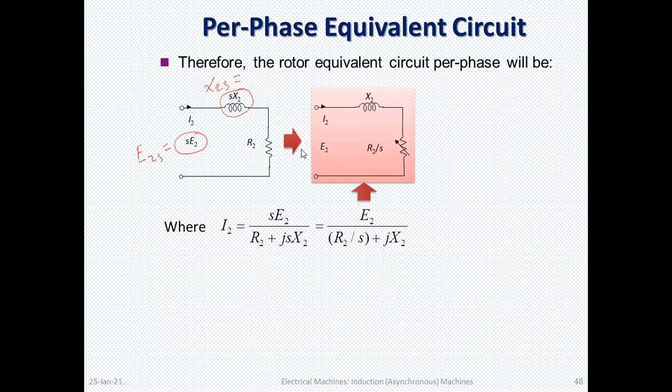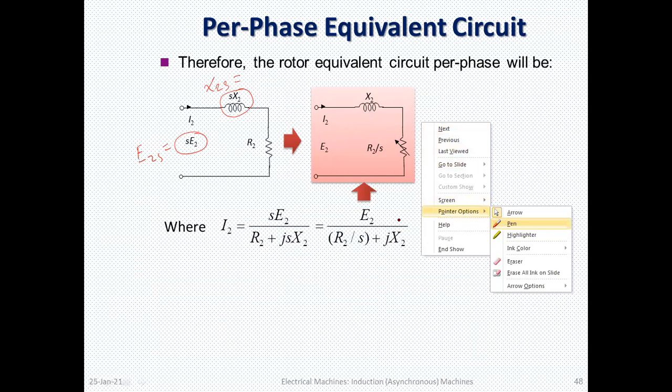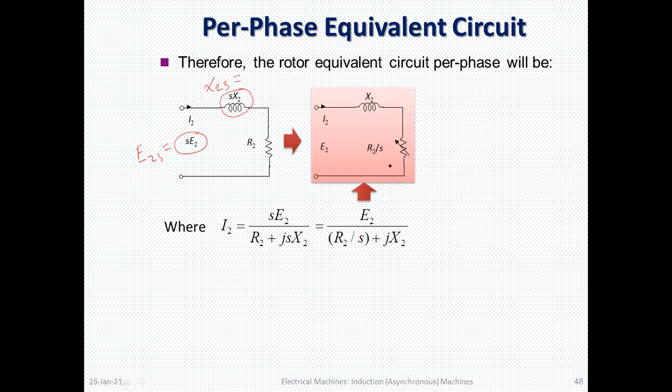It has a logic: this E2 voltage is written here, I2 current is here, and in place of SX2, it is X2. And this value R2 by S now becomes variable. Why does it become variable? Because every time the slip is changing. If we change the slip, the value of R2 by S will change. That is why it is called variable resistance. So now this circuit and this circuit are both identical, but it has been converted into a variable resistance.